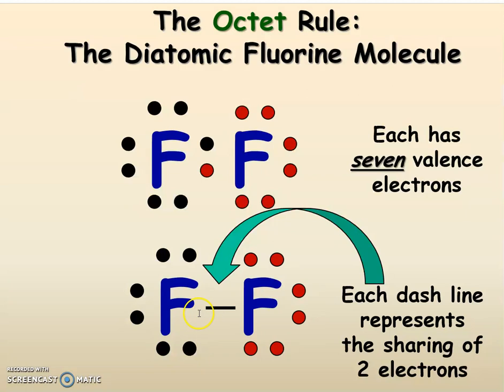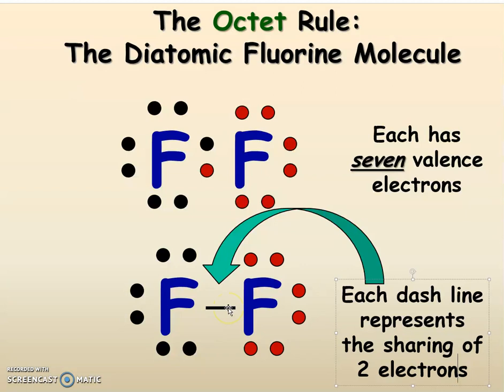If you have electrons that are being shared, we represent them with a dash line. Each dash line represents 2 electrons. So when you're counting, you count 2, 4, 6, 8, and the other side would be 2, 4, 6, 8 when you're counting to see if it has its stable 8. This is also referred to as a single bond.